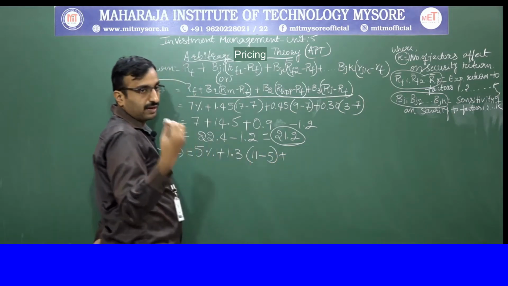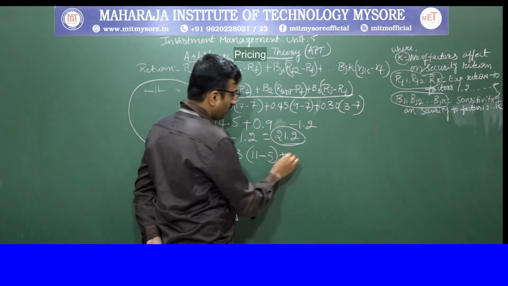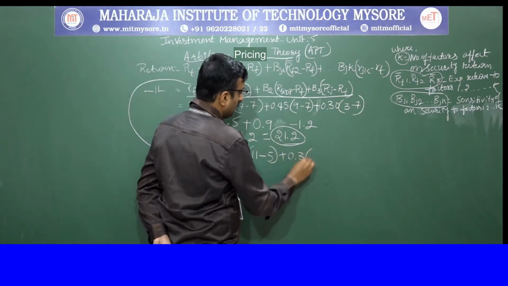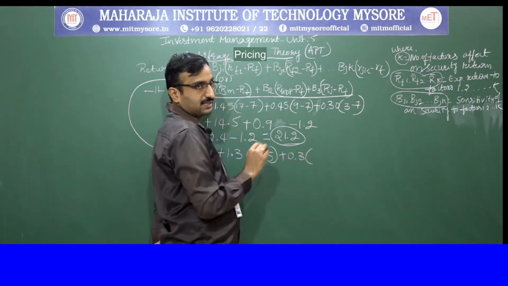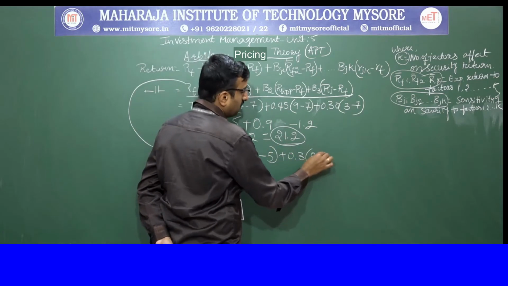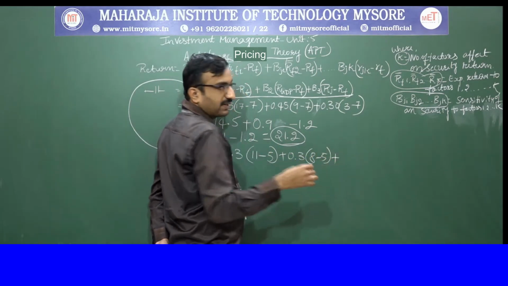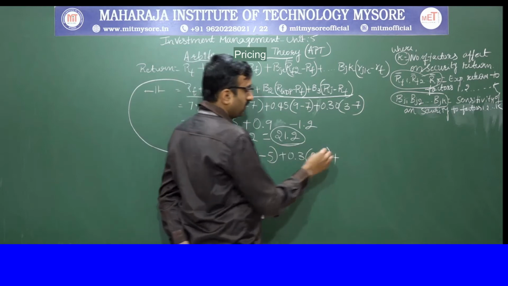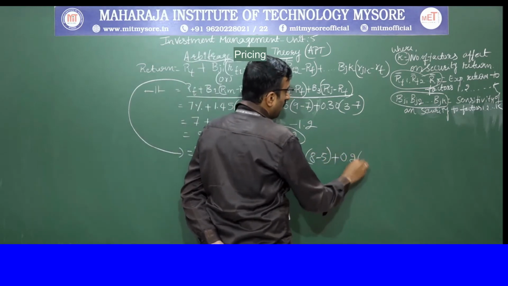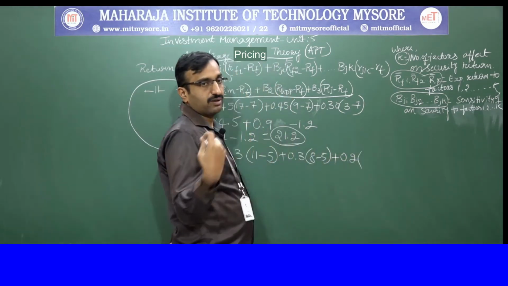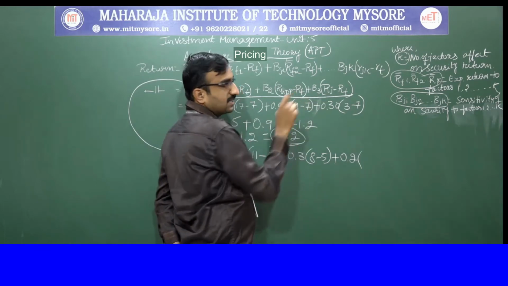Beta 2 they have given 0.3 into GDP factors, 8 minus 5, plus beta 3, they have given 0.2 and inflation, whatever we have inflation rate, that is called as security premium.